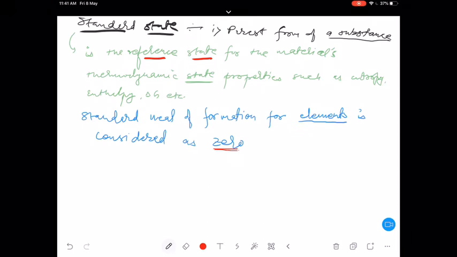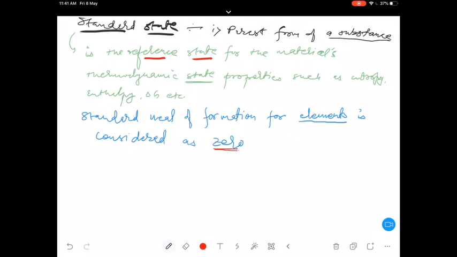So now I will write various standard states, and I will also write when the standard heat of formation will be 0.